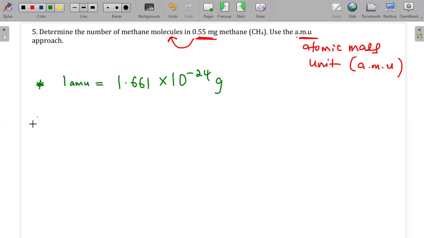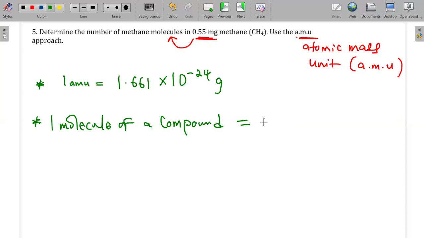Another relationship that we need to know is that one molecule of a compound, if you're dealing with a compound, is equal to the molecular mass of that compound in atomic mass units.